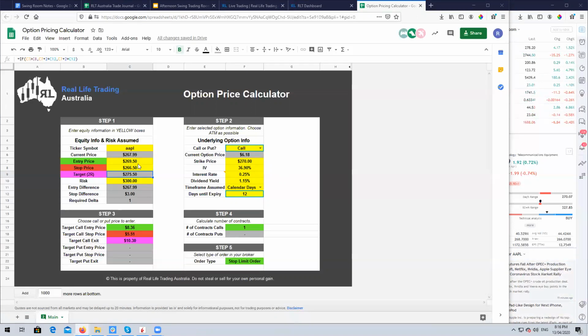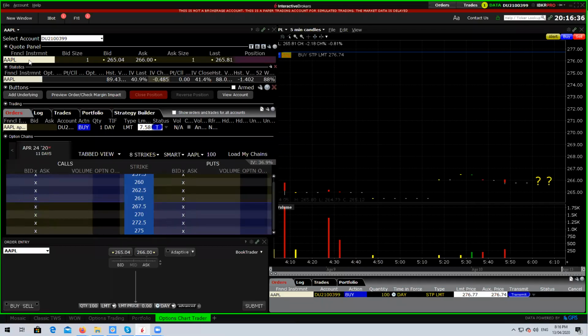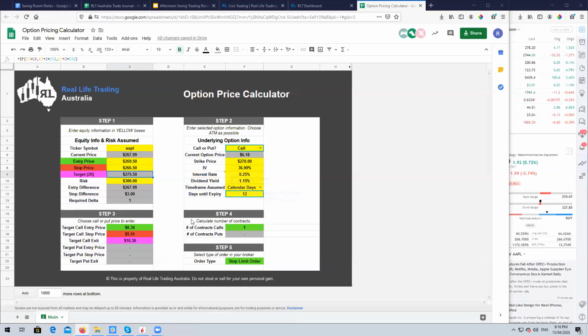Remember how I was saying that on here it was saying 950, but because a few days went by, it's most likely going to be cheaper, like $7 or $8. That's why this is a lot cheaper. You can see this calculates your theta as well. It doesn't just calculate delta. It takes everything into consideration.